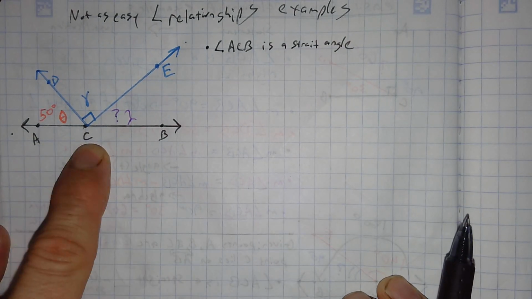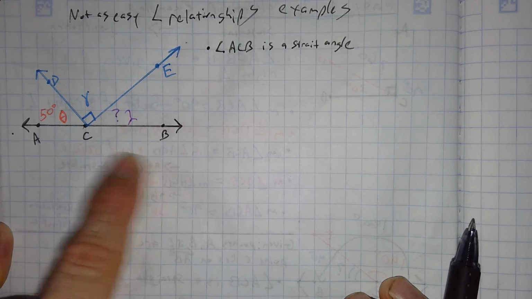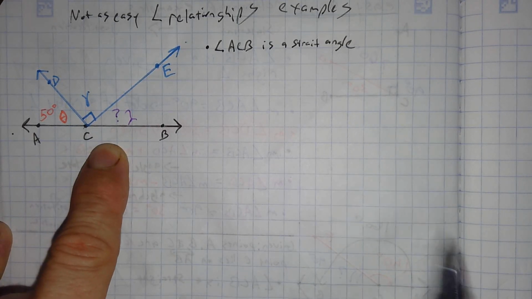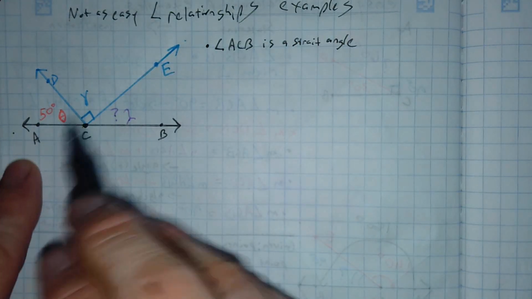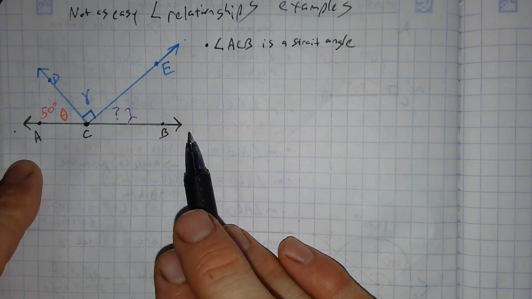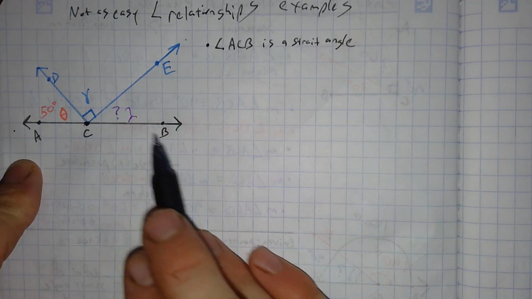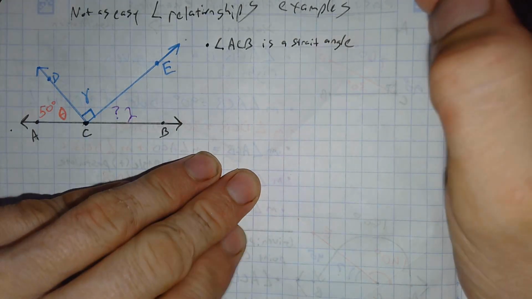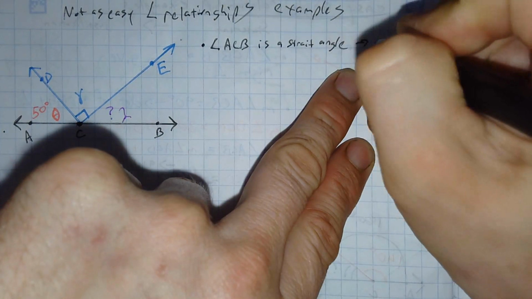And here C is the vertex. Now I did this in the 3-letter format just because that is a good starting point, and it doesn't get too hard at this point yet. So this is given to me.